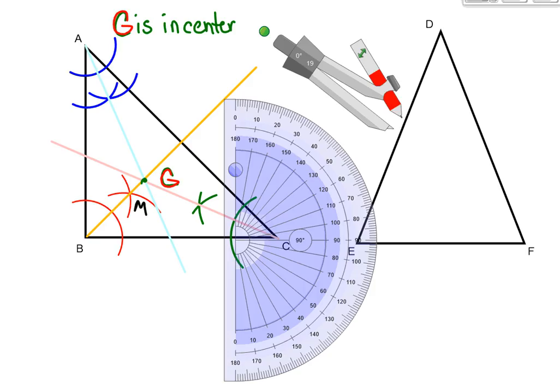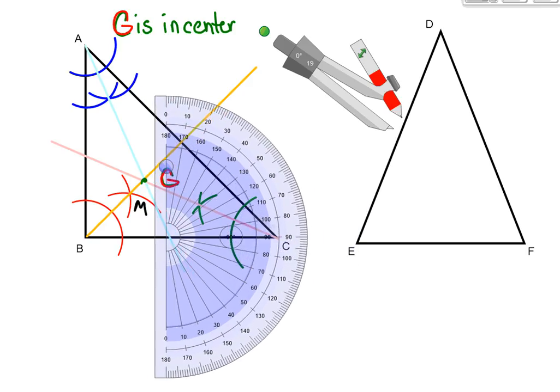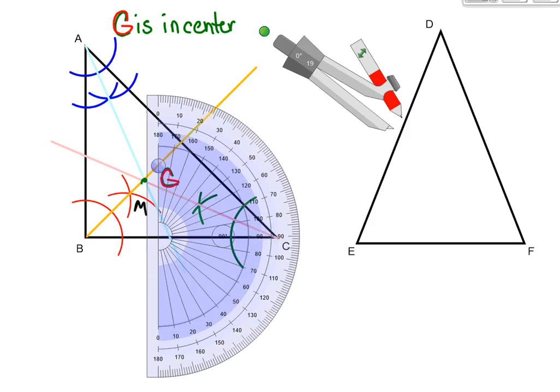So find the distance from the point, and perpendicular distance is how we find distance. So you want something to be perpendicular to BC, and I want to know the distance from G to BC. And I need somebody to tell me what that is in this hour. What is the distance from G to the line?